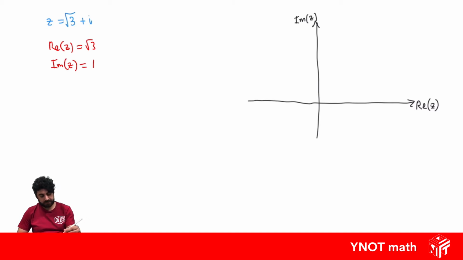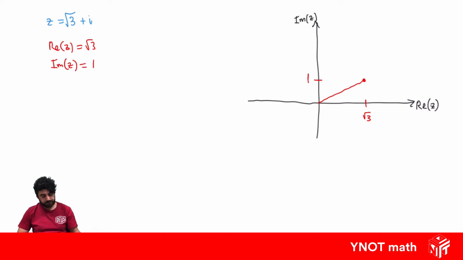So we're going to get root 3 on our real axis and 1 on our y-axis, or i. Sorry, it should be 1. And what we're going to get is a point here, and we can join it to the origin like that. And this represents our complex number z equaling root 3 plus i.